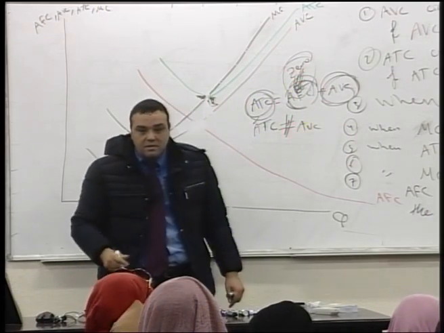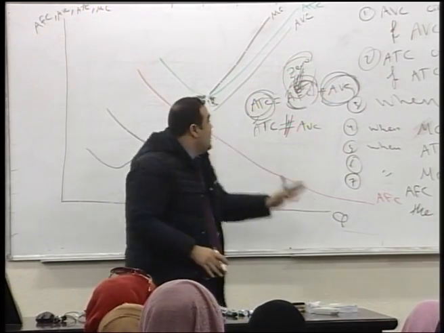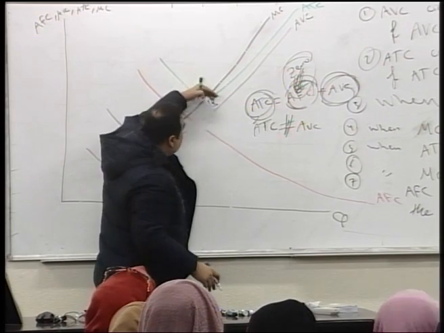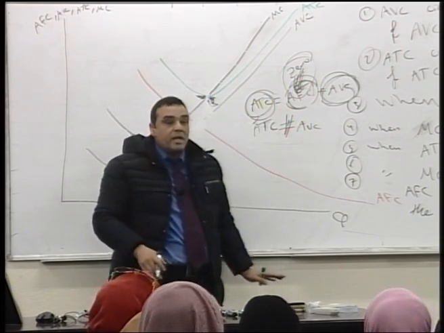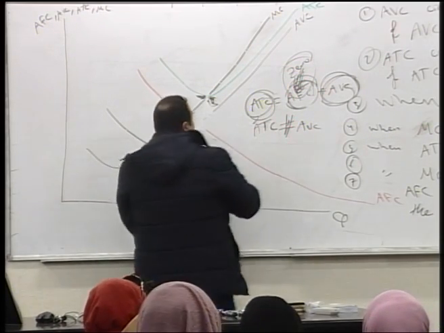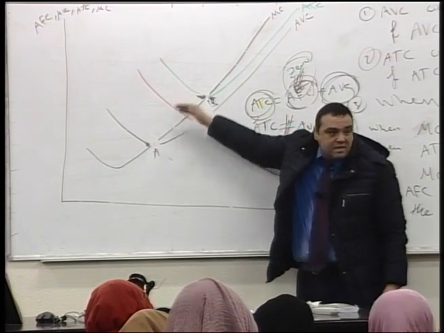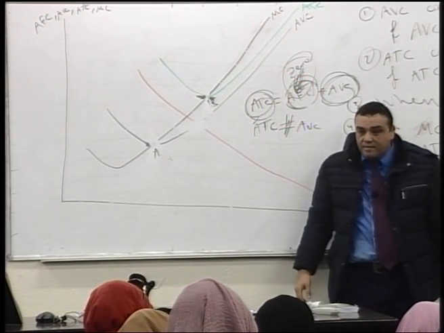So in the short run, ATC is always bigger than AVC. Right?